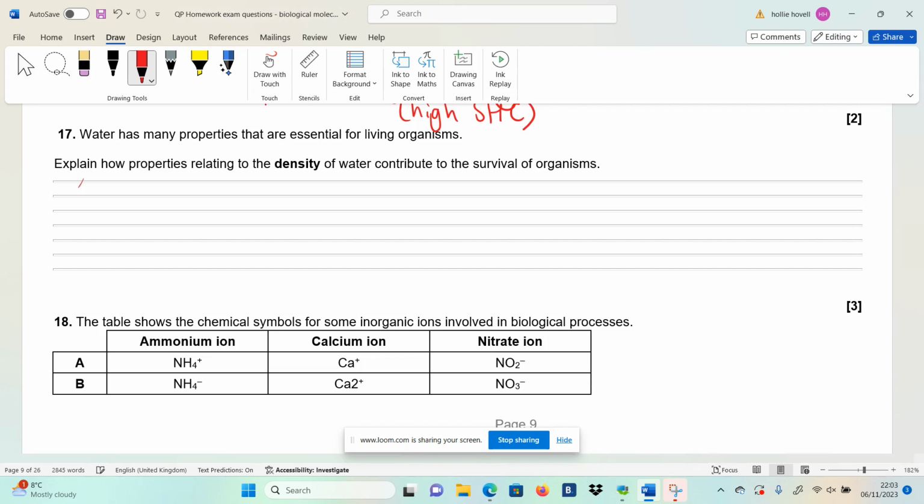So we could say again that ice is less dense than water, and therefore the ice floats, and that insulates the water underneath.